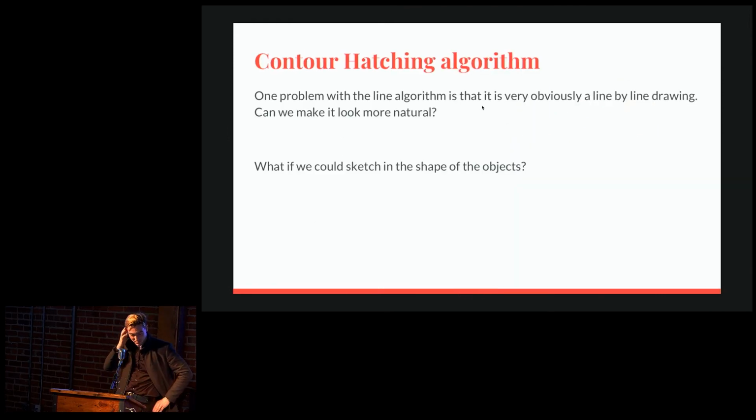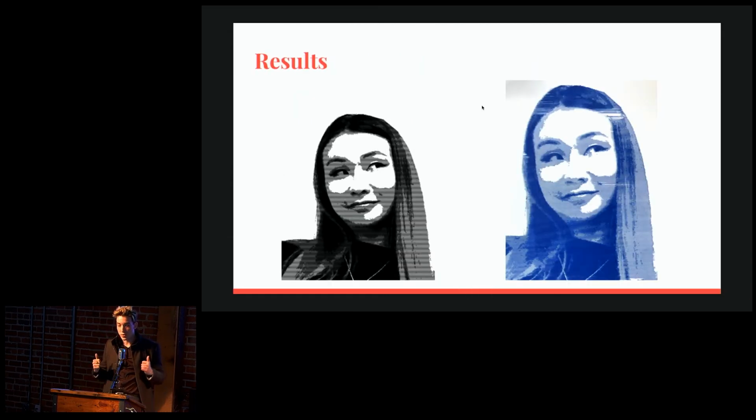The other one we were talking about is hatching. So how do you make a cool contour hatching algorithm? I actually did this one also before I got into more of the formal techniques. The motivation was, if we go back to this one, it looks great and I'm happy with it. But if you zoom in on it, you can very much tell it's lines, right?